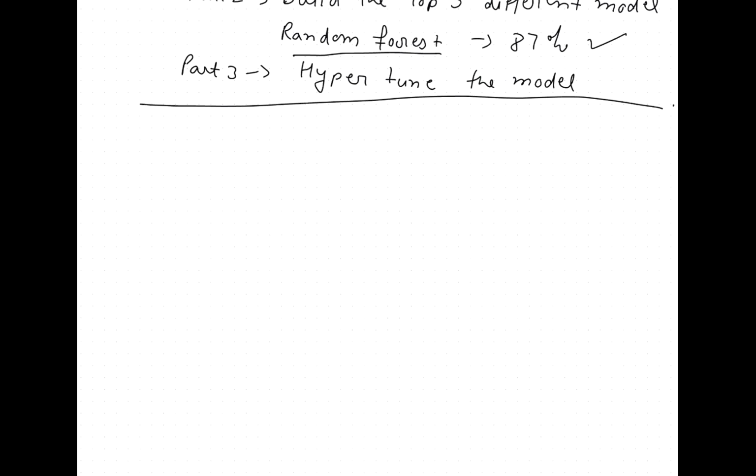Let's say you are a student. You have given the math exam, and you got 87 marks out of 100, like we got 87% accuracy out of 100% accuracy.